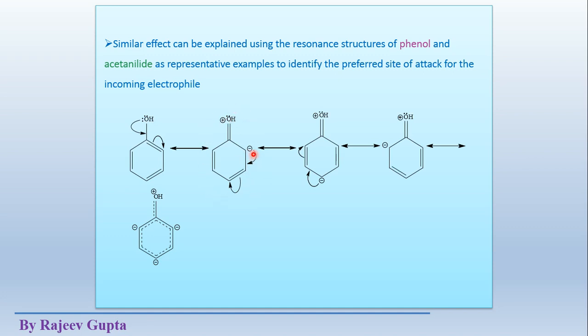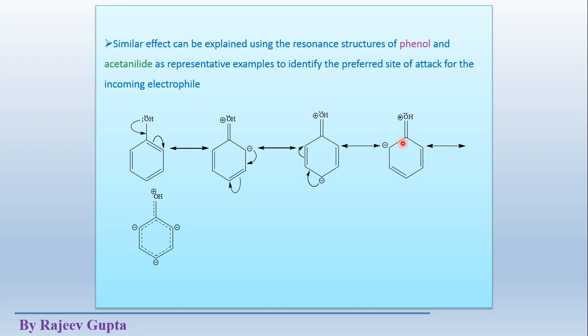Now further we delocalize this negative charge inside this ring system by the movement of these pi electrons. Like this, it goes to this side and these electrons go to this para position. Now this moves this side and the pi electrons move to this ortho position. Now in the last resonating structure, what will happen?